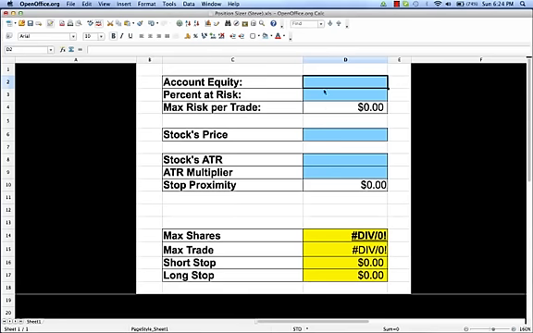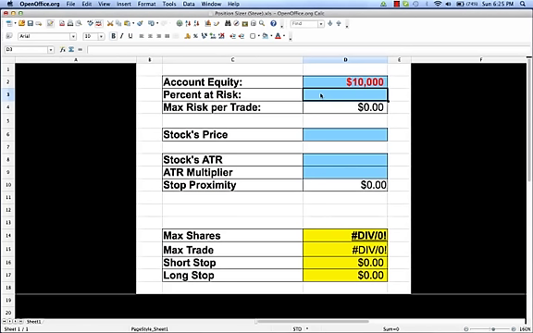So the first question that you have to ask yourself is, what is your account equity? So how much money do you have in your trading account? So for this example, we'll just say $10,000. Now the next question is, how much of your account do you want to risk on each trade?